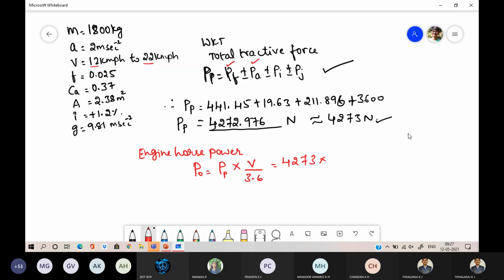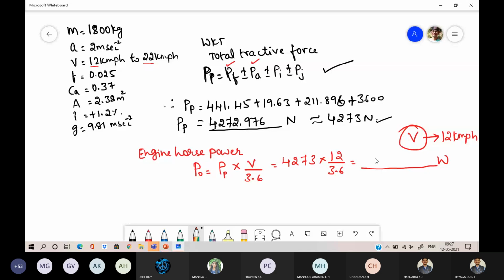When you are calculating the engine horsepower, you should consider V is equal to the initial speed of the vehicle. So I am going to consider 12 divided by 3.6. Calculate the value. It will be in terms of watt.